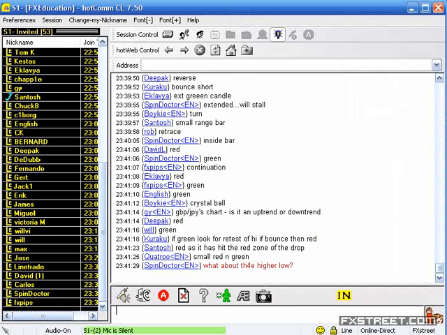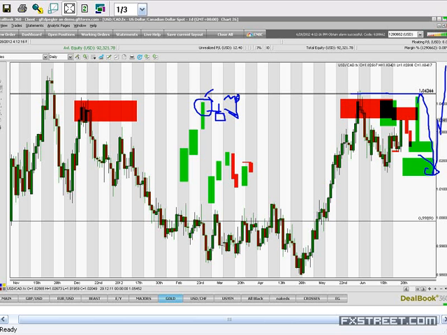Well, this is resistance. The lower high area is resistance. What do you think the next green candle would bring? Maybe something like that. All that's happened is it's come off the little fib of the drop and said, right, I'm just going to make a higher low and join the party here.